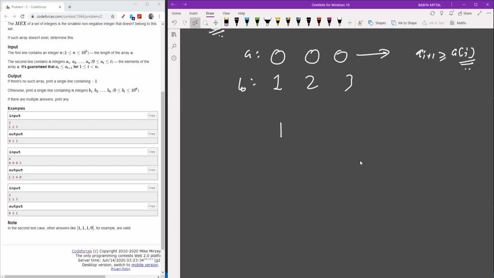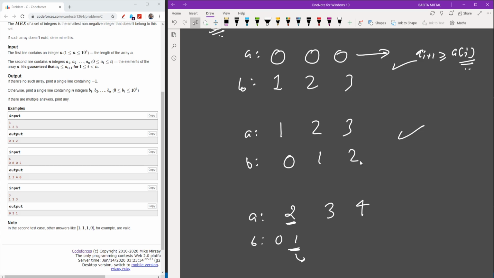So if I start from 1, then suppose 1, 2, 3. So my array B will be something like 0, 1, 2. So it is possible. If my array starts from 2, 3, 4, something like that, then it is clear that for this 2, I need to be able to write 0 and 1 here. But I have only one place left.